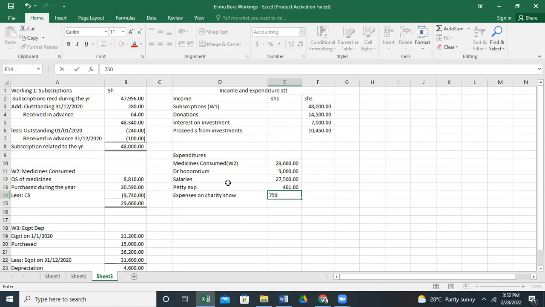Then we have the depreciation on equipment. Our depreciation on equipment gave us 46. I'll put there 46 and just indicate here working 3.